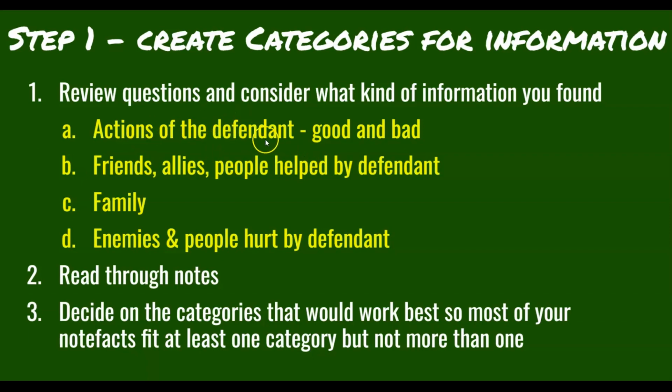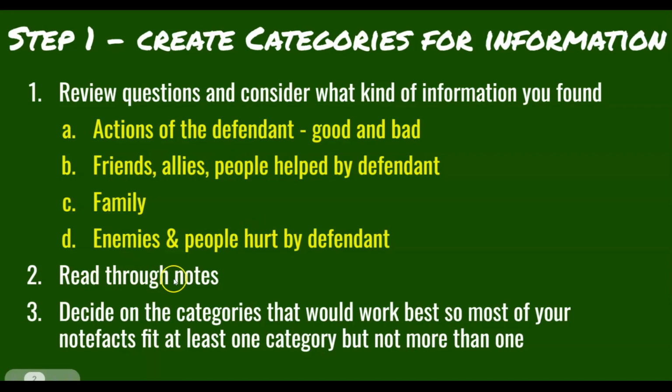So what actions did the defendant take, good and bad? Who were the friends and allies? Who were the people helped by the defendant? Who was the defendant's family? And then who were the enemies that the defendant had or people hurt by the defendant? Okay, so these were the questions we had. We should have found information that told us these things.